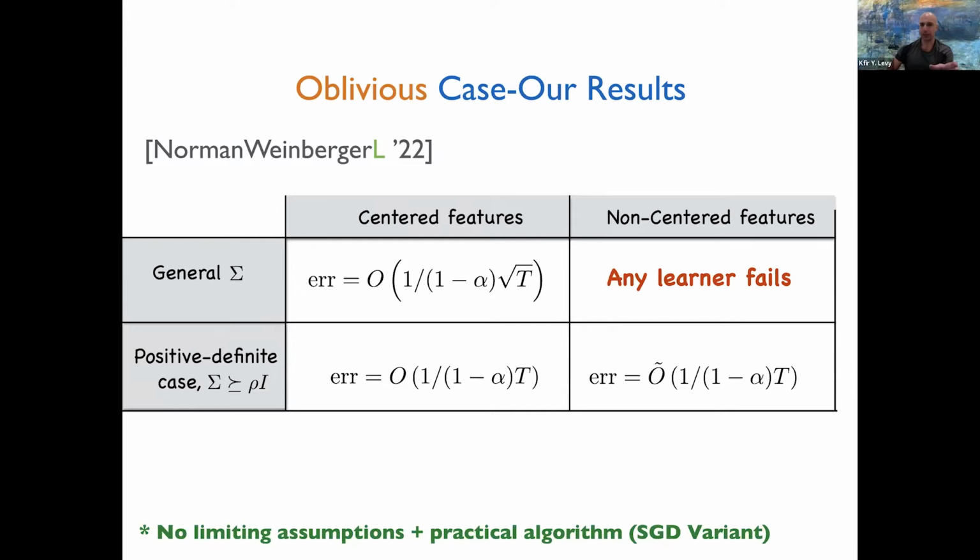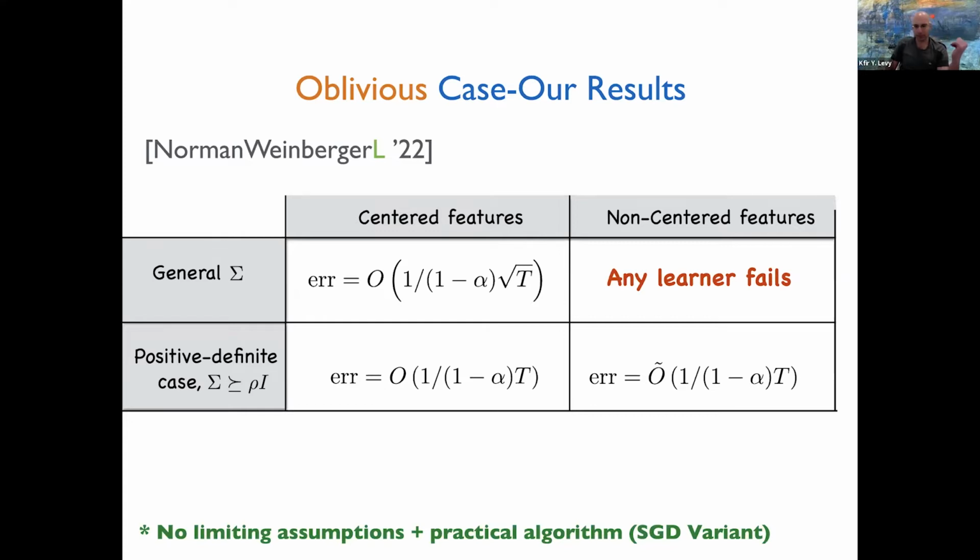And in this case, we show that it doesn't matter if the features are centered or not, you can still ensure an error that decreases with the number of samples. It's roughly the same rate of error. When the features are not centered, then we incur another logarithmic factor in the error, but it's not very substantial.